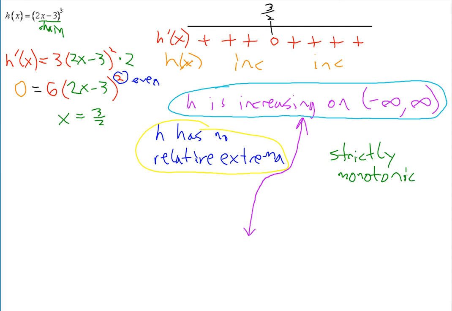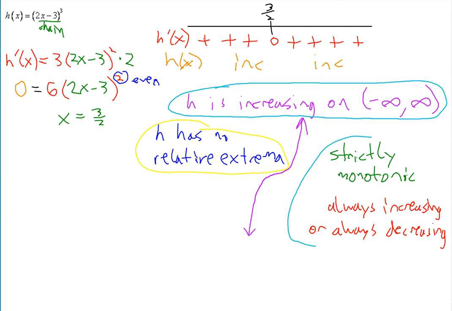So it's going one direction, either always increasing or always decreasing. In this case, it's always increasing. So just some terminology we'll see later on, just your first introduction to a strictly monotonic. The function is always increasing, or it would also be strictly monotonic if the derivative was all negative here, it was always decreasing, it would also be strictly monotonic.